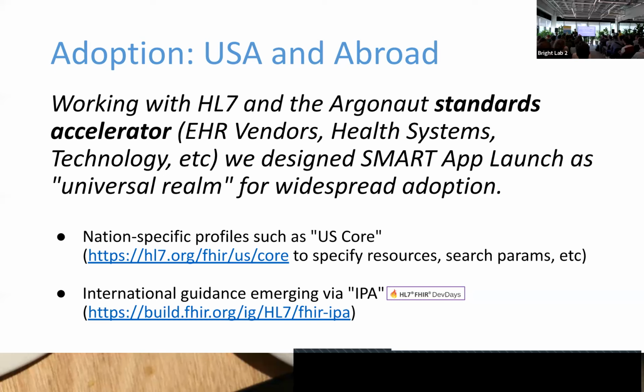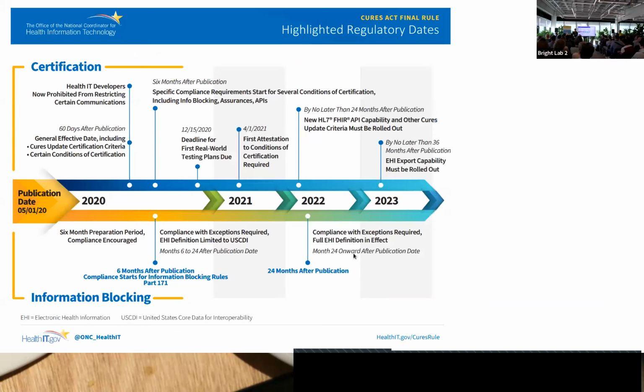So in the US context, we say that's the US Core data set, and there are US-specific profiles that get into how do you model medications and encounters and allergies and so on. So we say US-relevant things about what vocabularies and coding systems to use in those US Core profiles.